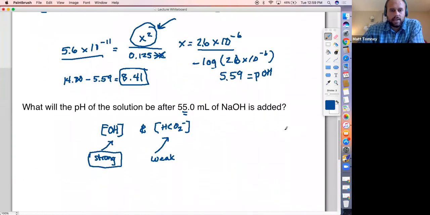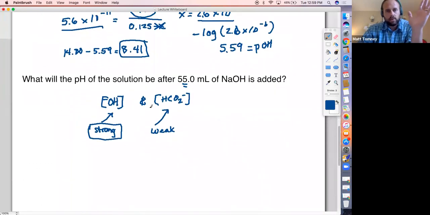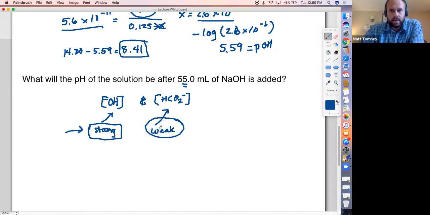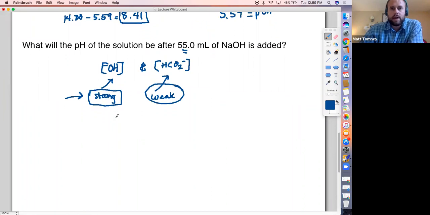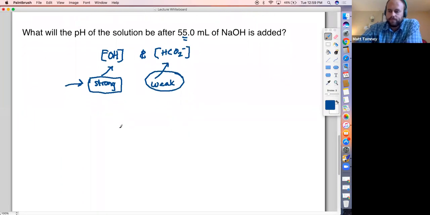Sodium hydroxide doesn't even have a Kb because it goes all the way to the right. It completely dissociates and releases all hydroxide content available to it. So far and away, that's all I need to know. This is going to be almost like the 5% rule. The formate's contribution to the hydroxide content is insignificant in the presence of sodium hydroxide, which is now present in the solution.